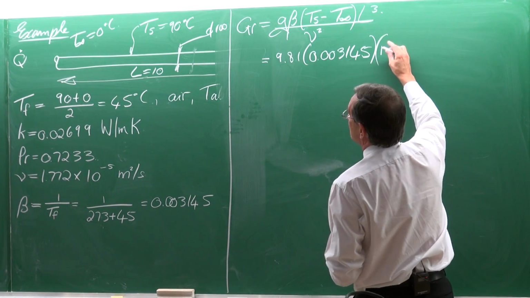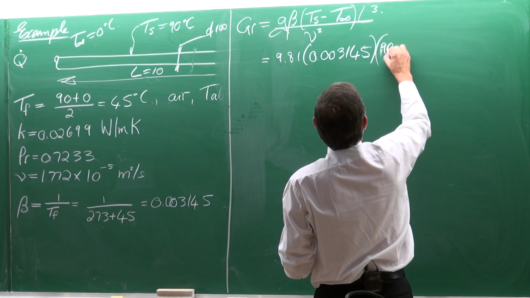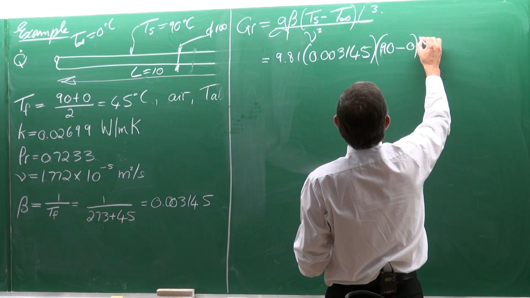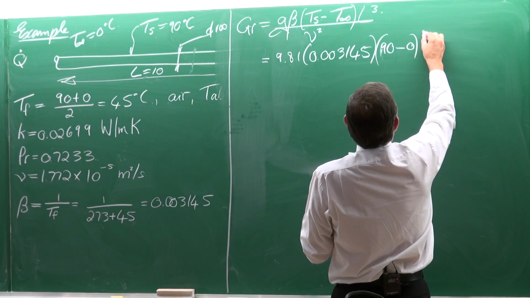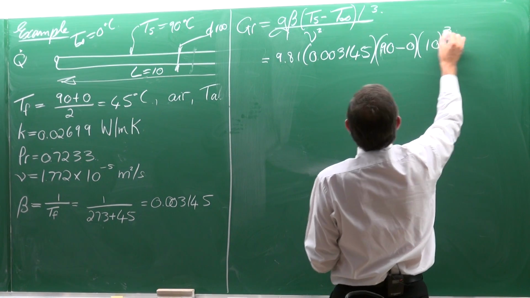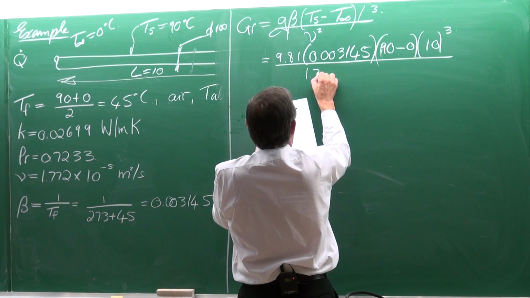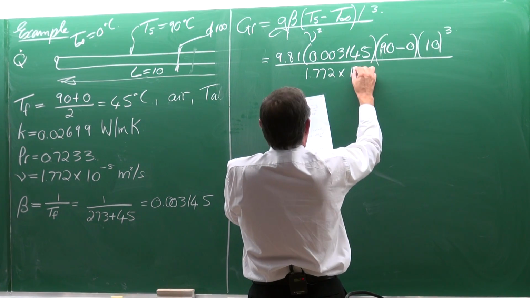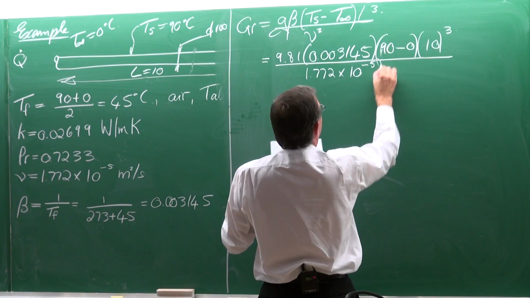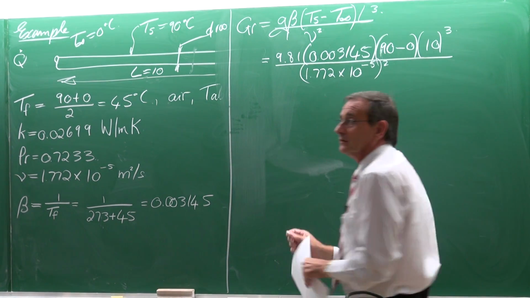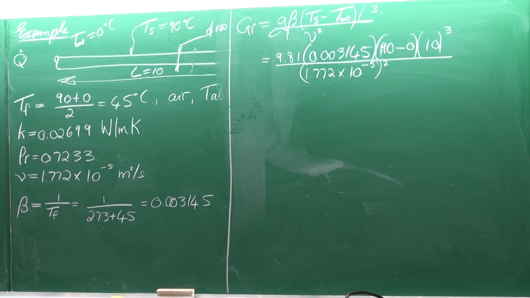The surface temperature is 90, minus 0, divided by the length, 10 to the third, divided by the kinematic viscosity, 1.772, multiplied by 10 to the minus 5 squared. That right? Fortunately, I can see a few heads moving.